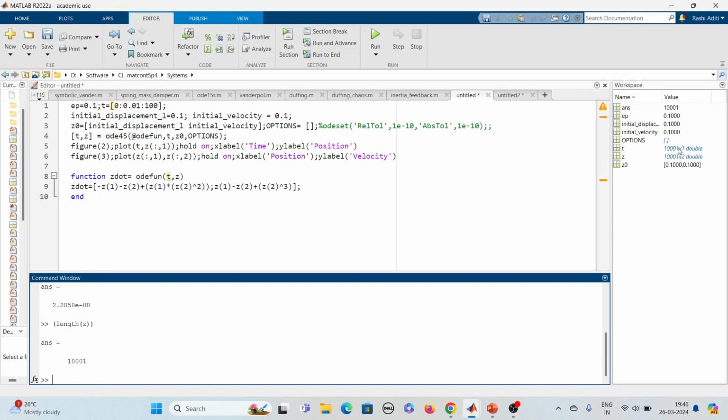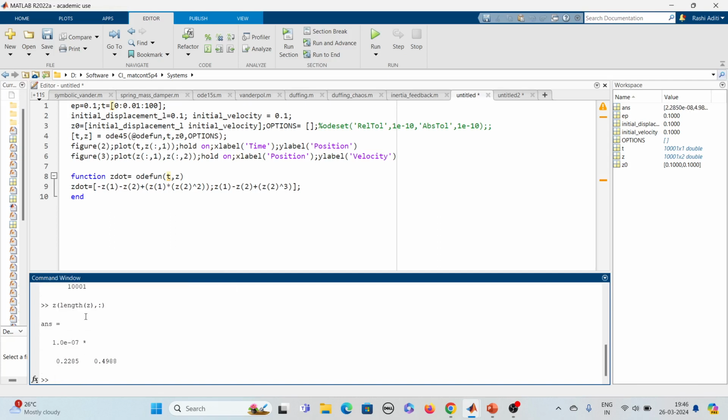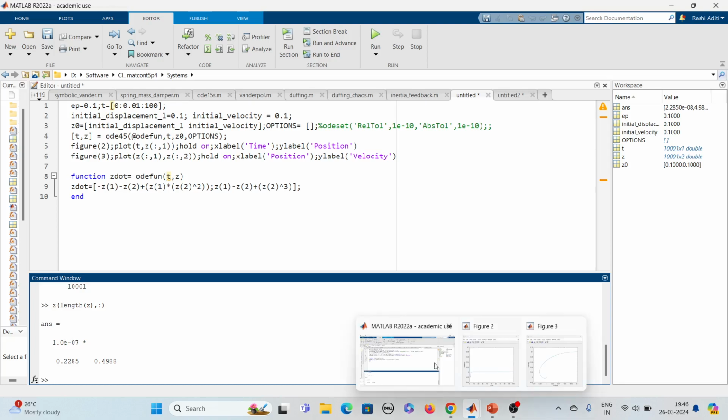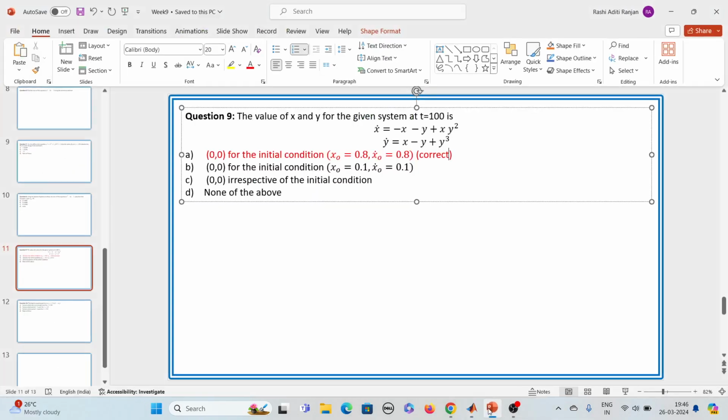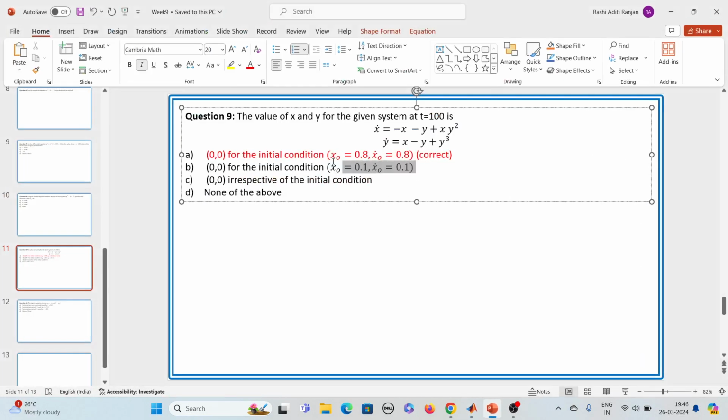Here you can also see, this is the number of data points that I have considered. So what is it actually evaluating? It is evaluating both values, the position and velocity, at the last data point of Z. Okay, so here also I can see that these are some values times 10 to the power minus 7, which is a very small value. So it is taking it as 0. Coming on to the second, 0.1, 0.1. Okay, this was also true.